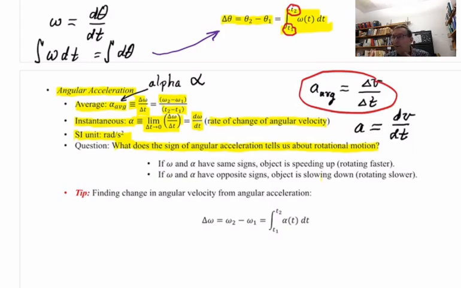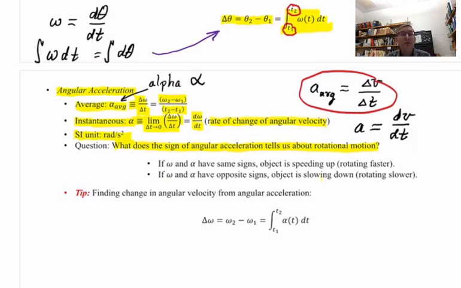We have to go back a minute, but what it told us was whether or not the particle was speeding up or slowing down in its motion, going faster and faster or slower and slower. And how did we know that? If the velocity and the acceleration, v and a, had the same sign, the object's speeding up. And if the velocity and the acceleration had opposite signs, one positive and one negative, it's slowing down.